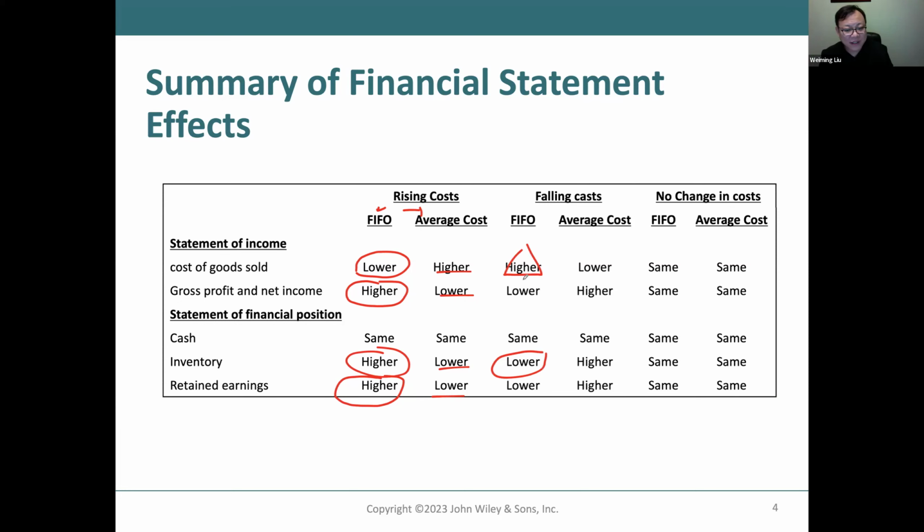Profit is lower, earnings are lower, and average cost is the opposite of this. If there's no change in cost, and the cost is always the same, you would get the same result.